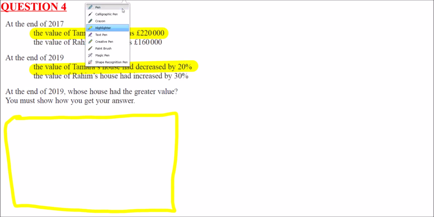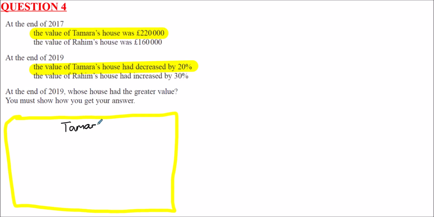So for Tamara, it's gone down by 20%. So the house is worth £220,000. So always start off with thinking about, before anything happens to an amount, you always have 100% of it. So for Tamara's house, 100% of its value is 220,000.